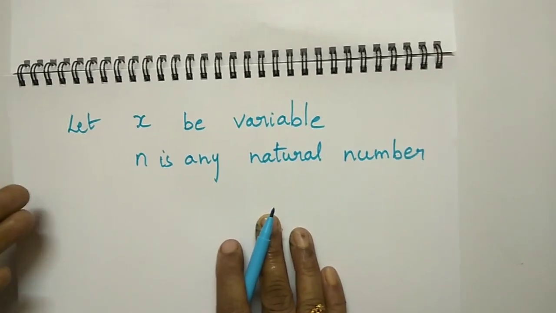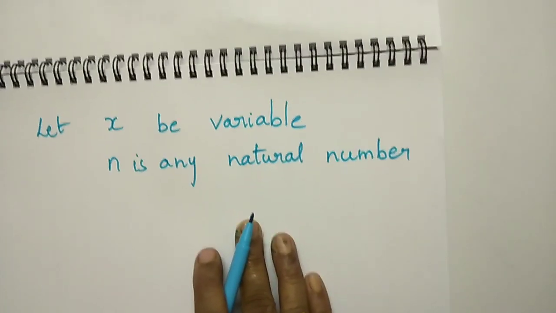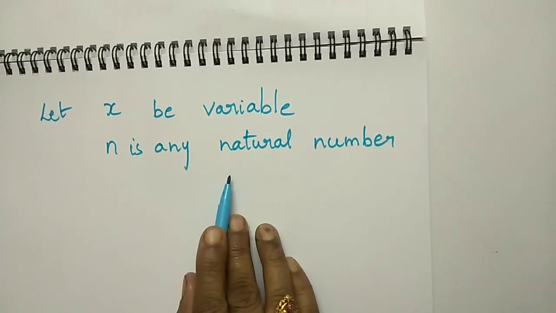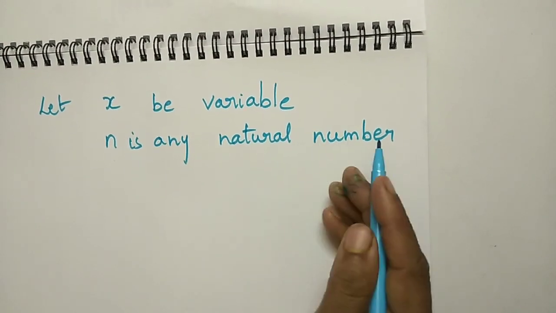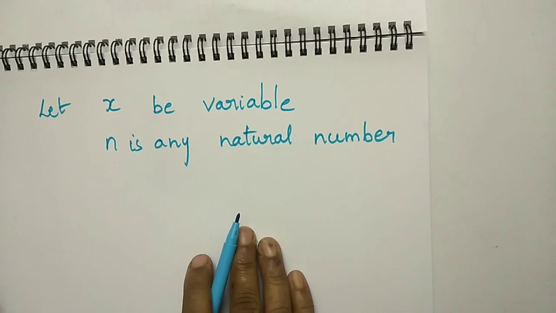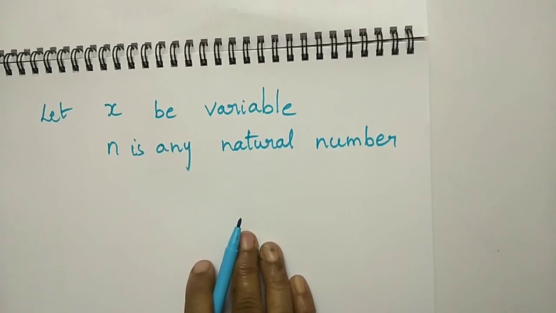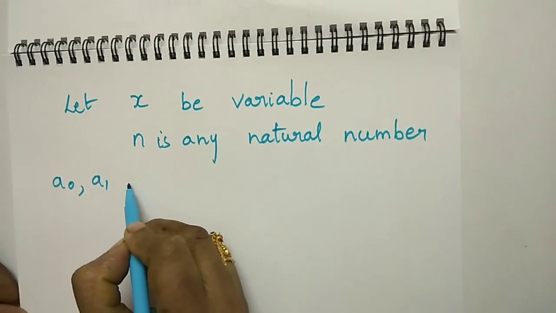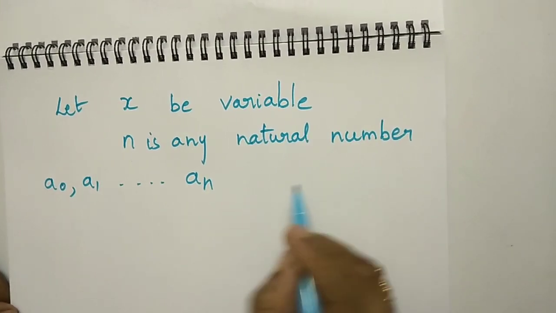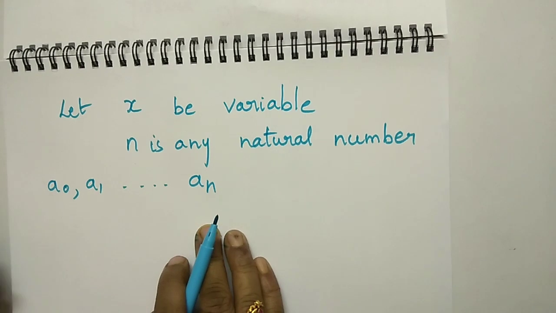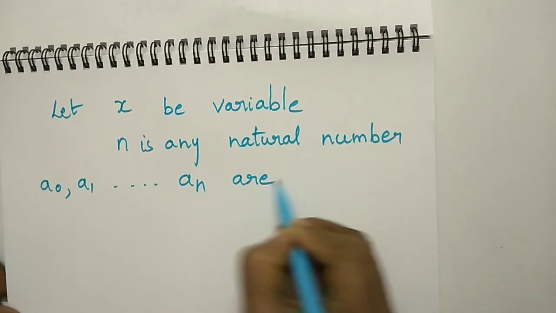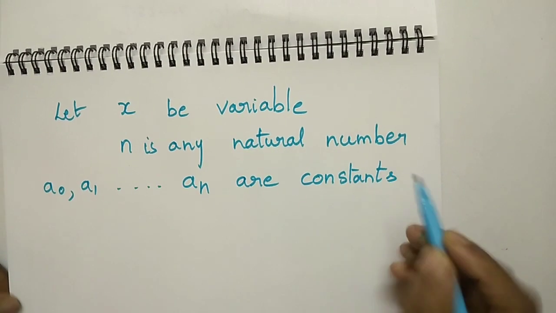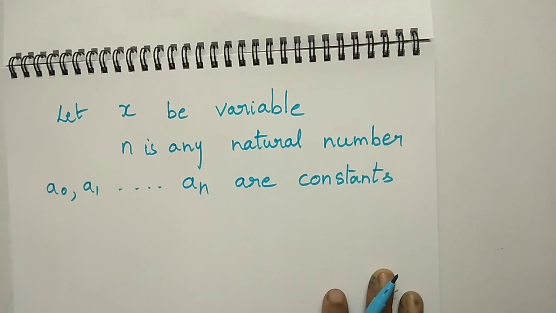It can be any whole number, as I explained in the last video, starting from 0, 1, 2, 3, so on up to infinity. Now, we should have coefficients in our hand. Let us take coefficients as a0, a1, so on up to an. Coefficients are nothing but constants, is it not? Constants means it can be any real number.